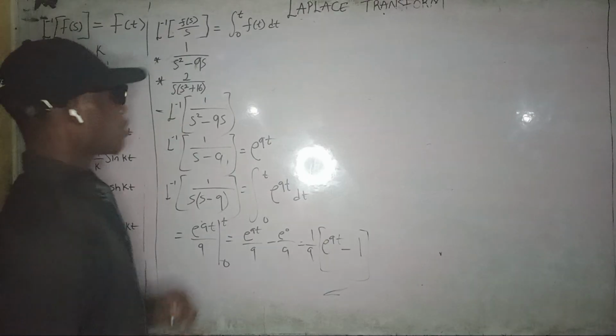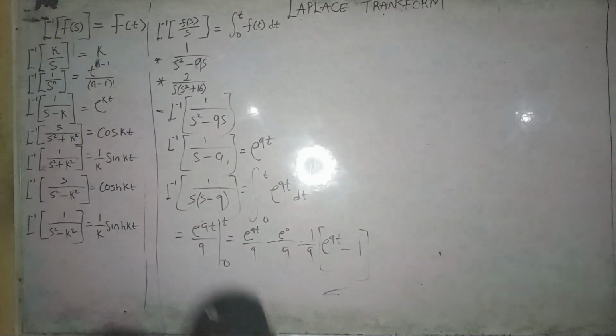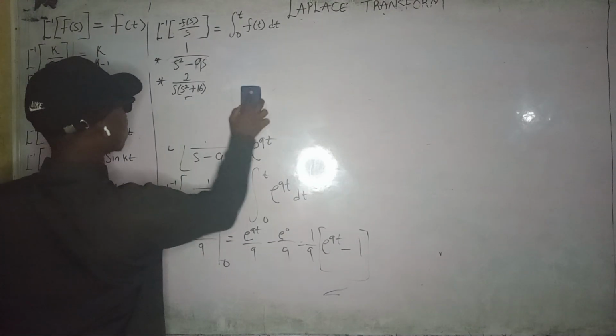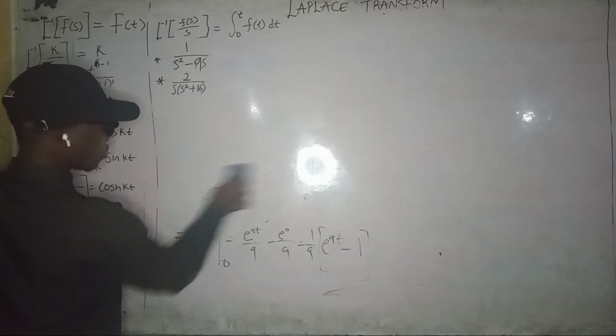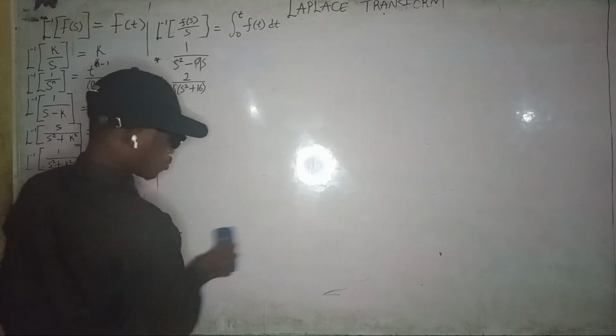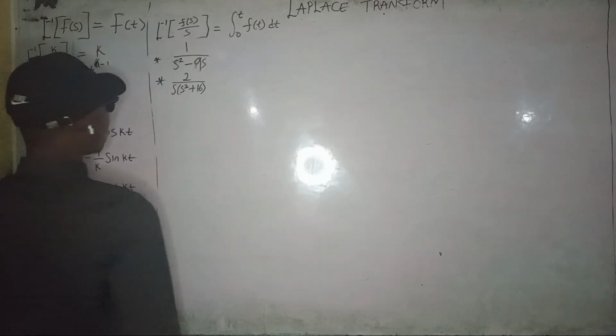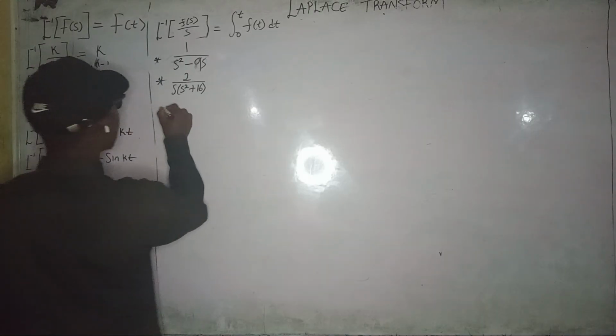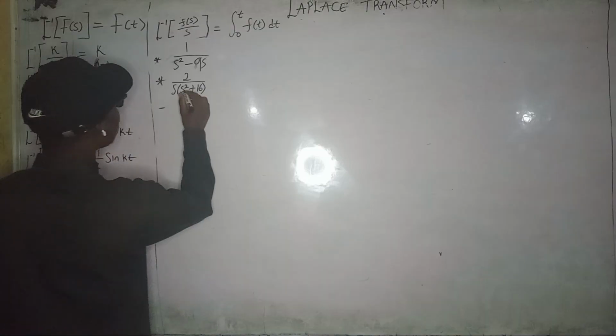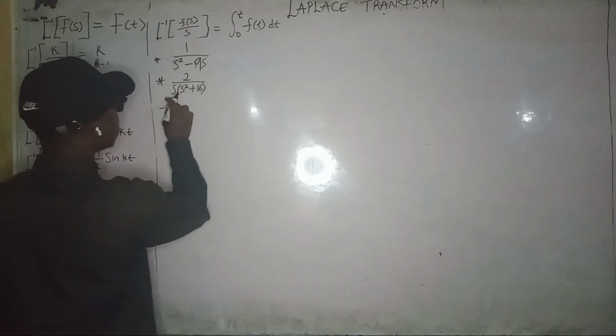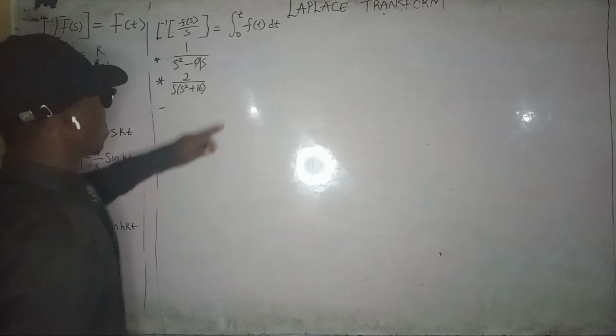So now let's move on to our second question. Let's move on to our second question here, that we have as 2 over s into s squared plus 16.